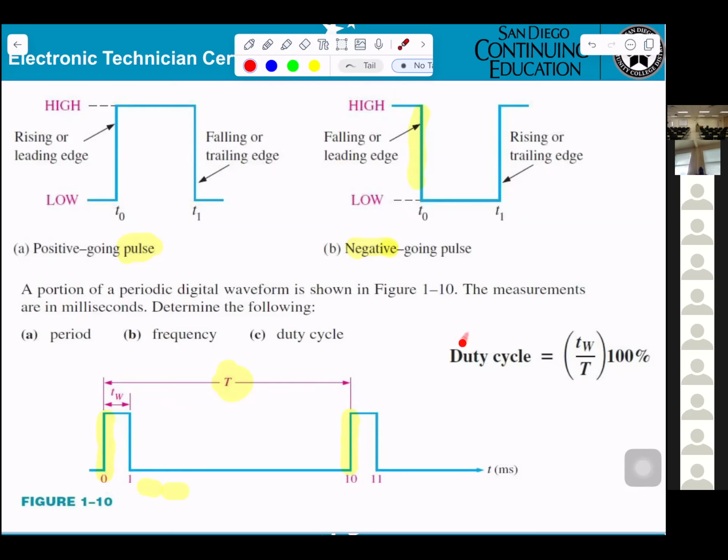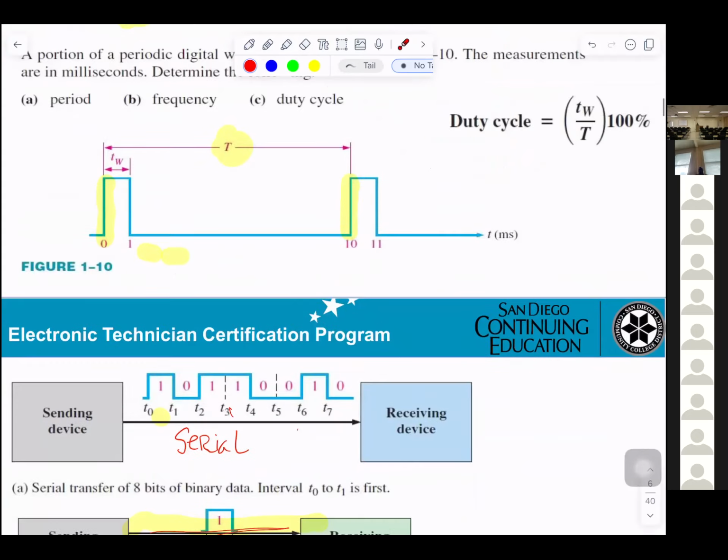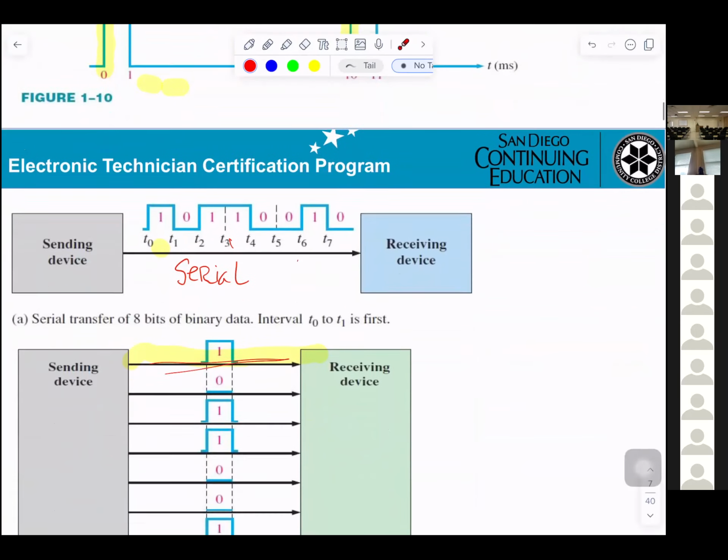To calculate the duty cycle, you calculate TW divided by capital T times 100%. That means how many percent is the duty cycle.